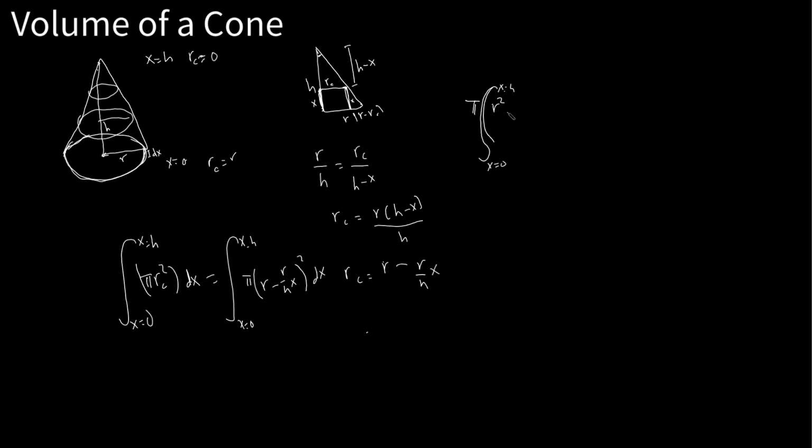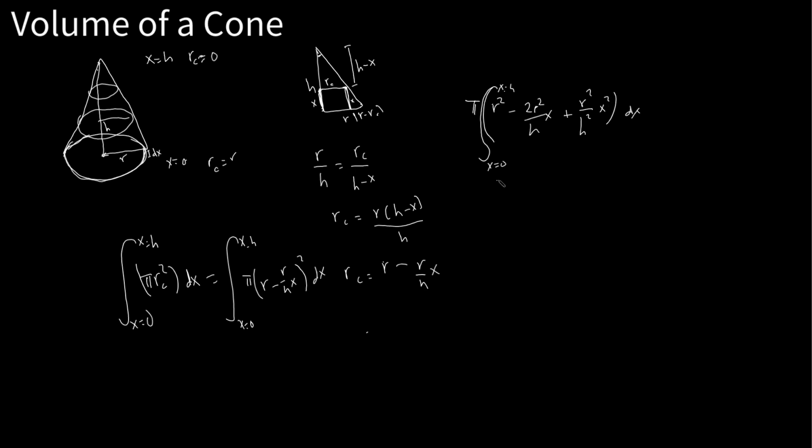So we have r squared minus 2 r squared over h x, that's basically the product of these two times 2, plus r squared over h squared x squared, that's basically the last term squared, dx, right?